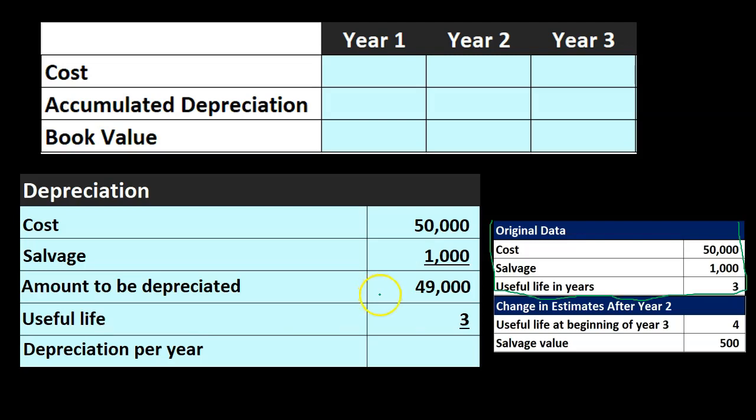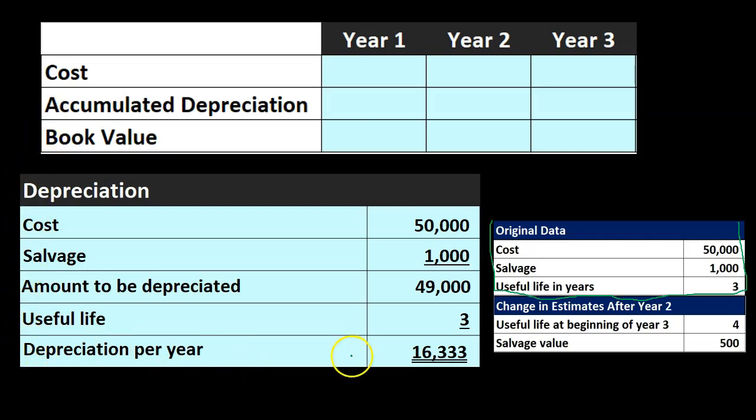So if we had 49,000 divided by 3 years that we're going to depreciate over, that gives us our 16,333. This is an estimated number here. It's really 16,333.333. We're estimated to the nearest dollar. So if we take a look at our book value calculation, always important to do this, by the way, because a book problem will generally always ask or could ask something other than just the depreciation.